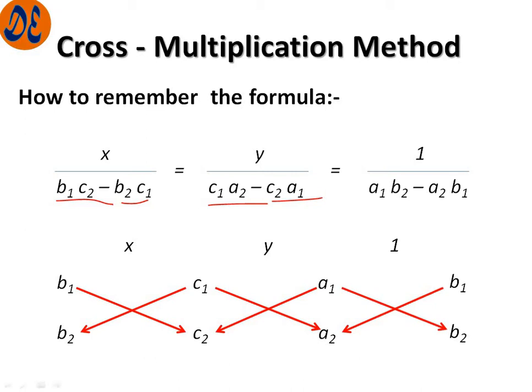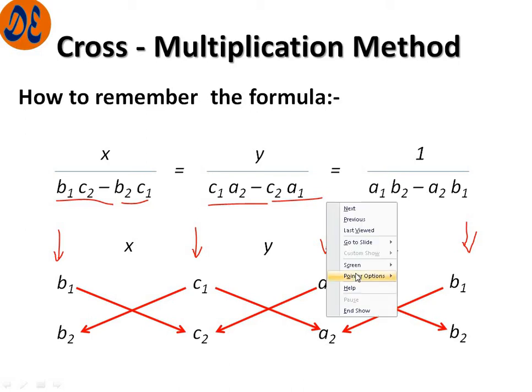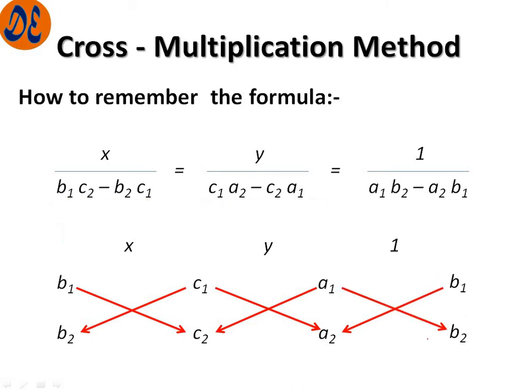You just have to remember the sequence we are writing: coefficient of y, coefficient of the constant, then the coefficient of x and the coefficient of y again. So it is circulating in the anti-clockwise direction.